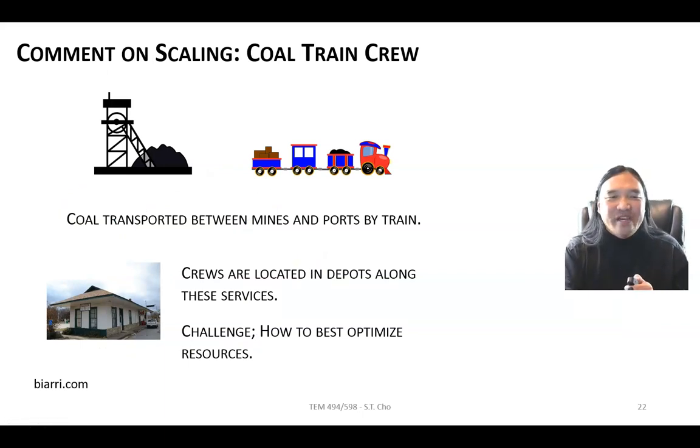The coal train crew. This was actually a Russian problem. And they were transporting coal between mines and ports by train. The crews are located in depots. And the question is, how do I manage these crews with moving everything along?